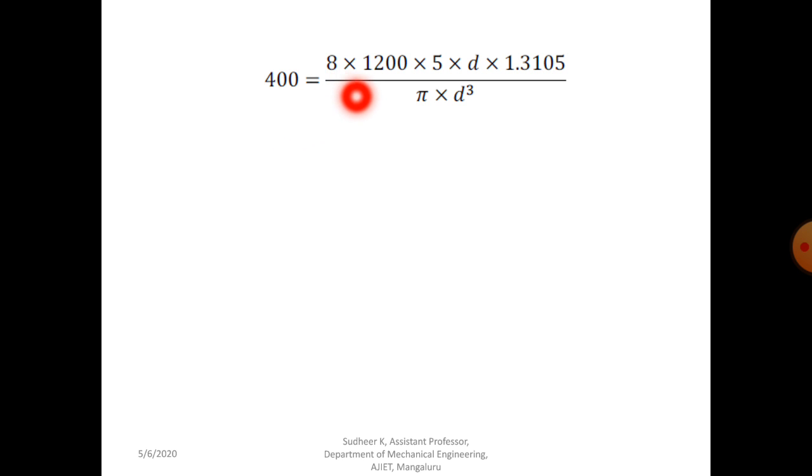So 8 into F, because F is the general equation, and we have to design for maximum force. That's why we have to consider the value of F2. F2 is given in the problem, that is 1200, and capital letter D.